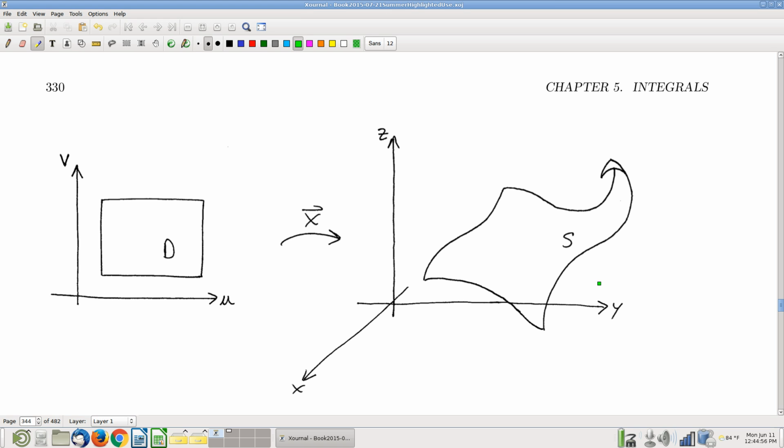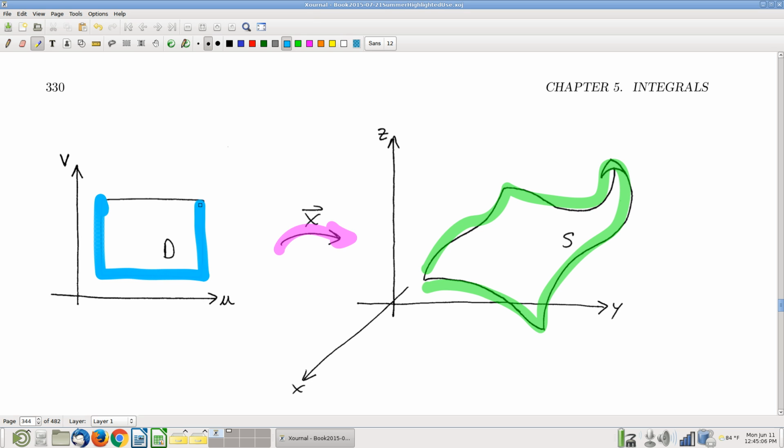I'm going to try to view this surface as being the image of a domain that I like better. And I like rectangles in R2. Right? Rectangles in R2 are easy domains. That's double integrals, iterated integrals. I mean, it's section 5.2. Right?